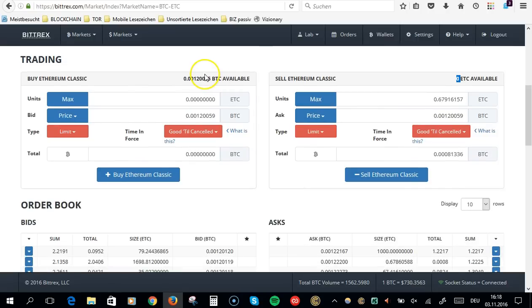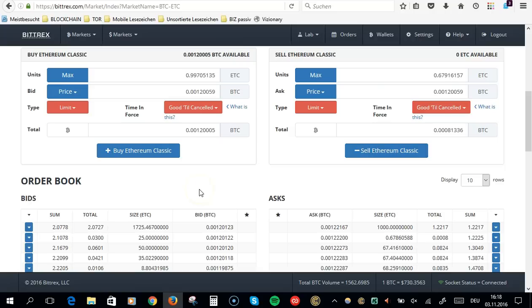As I said, I've got now this amount of Bitcoin available. All right. So I can put in a bid, right?